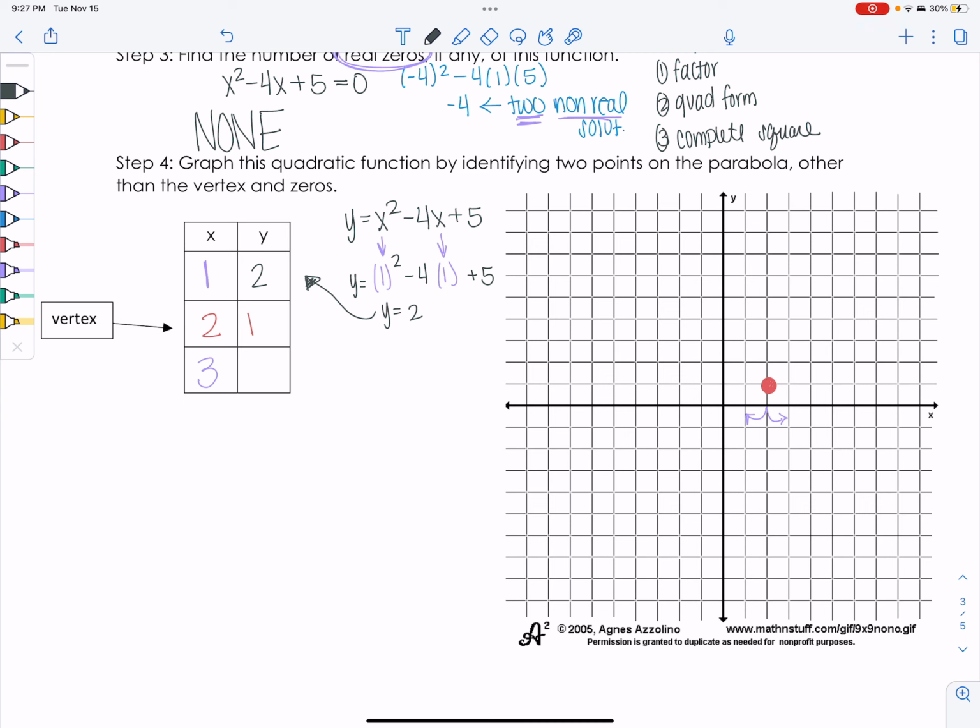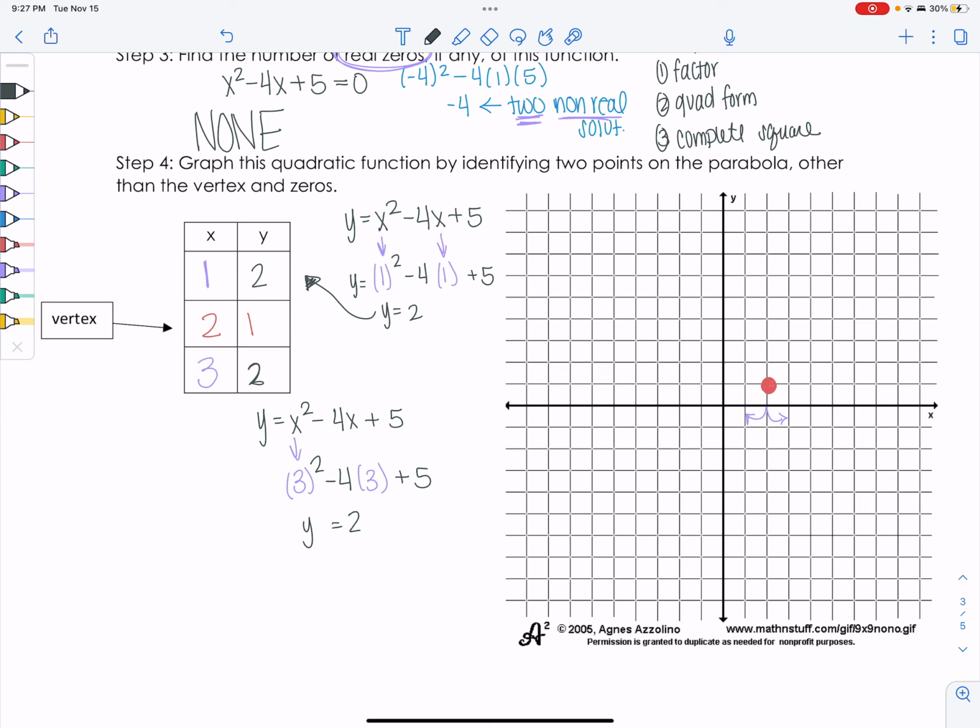My second point, I'm going to do the same thing, except now, instead of x equals 1, I've got x equals 3. So I've got 3 squared minus 4 times 3 plus 5. And I'm going to evaluate that and get y equals 2.